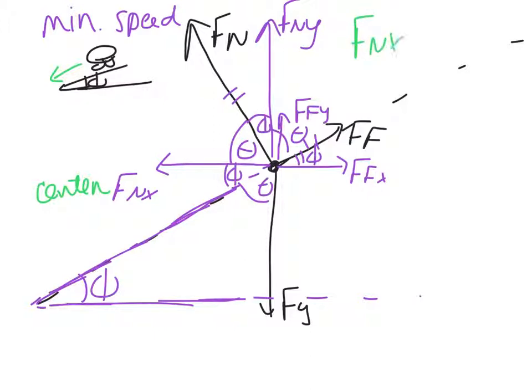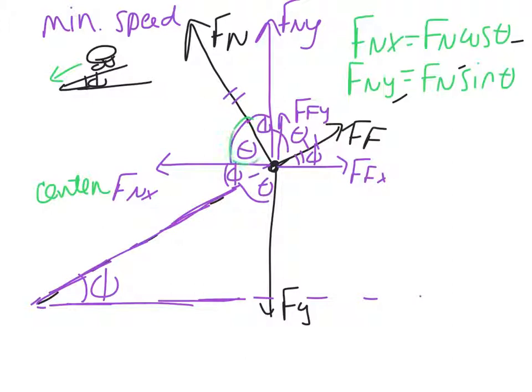is that Fnx is equal to Fn cosine theta, Fny equals Fn sine theta. That's because theta is the angle relative to the x-axis and the normal force. And then we look at the frictional force. It's phi.